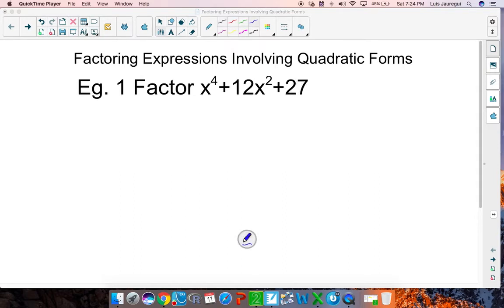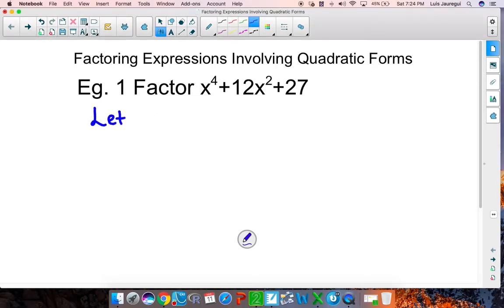So what we're going to do is introduce a new variable. Let y be equal to x squared. Now notice that x to the fourth can be written as x squared squared.